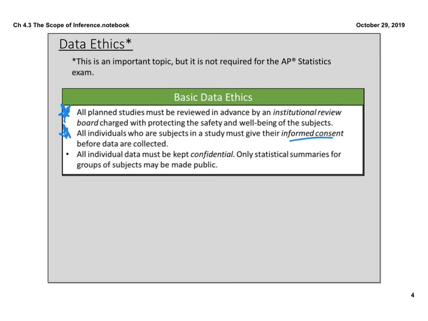So the people have to sign up for the study. They have to willingly participate, without you just taking their data. And then all individual data must be kept confidential. That's a really important thing too. Only statistical summaries for groups of subjects may be made public. So you can publicize the results in a summary standpoint, but you can't publicize individual data points.